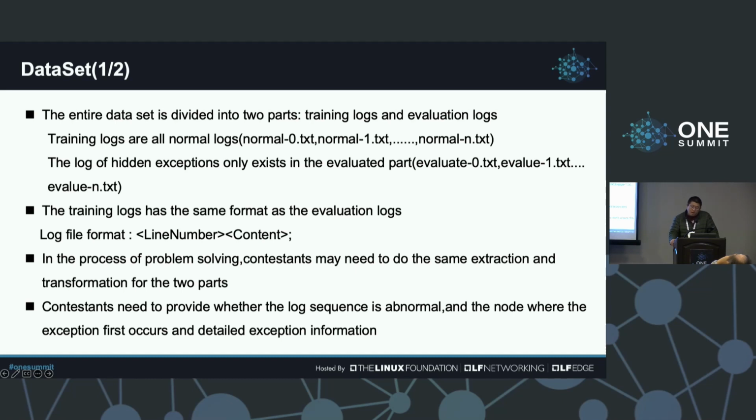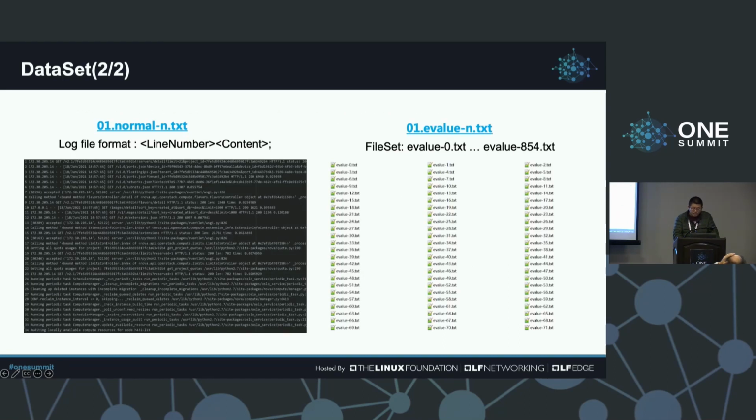The competitors are expected to give whether the logs in the file are abnormal and the line number of the exception. There is no restriction on the data processing; the competitor can freely process according to the algorithm needs. So here shows the format and a series of logs.